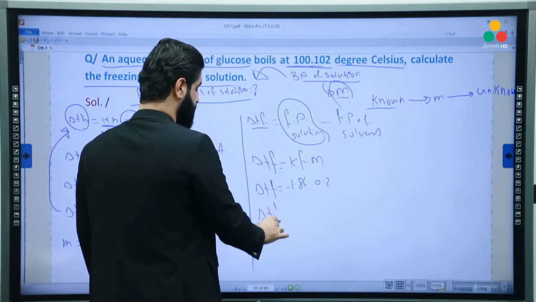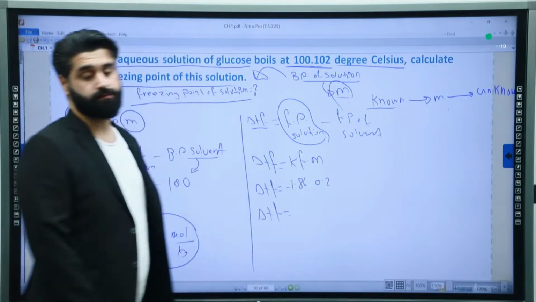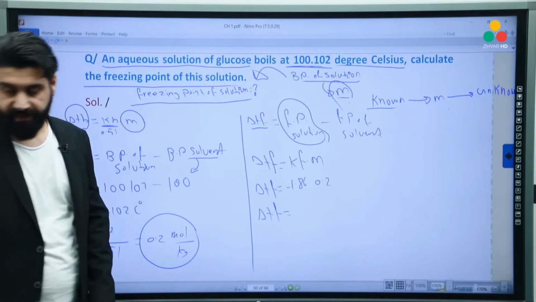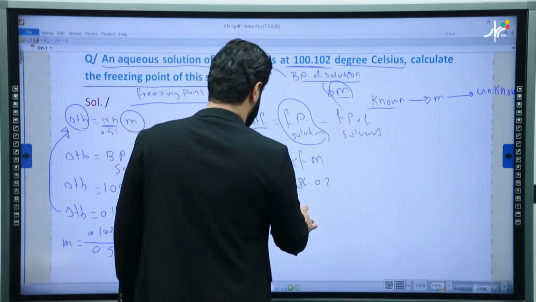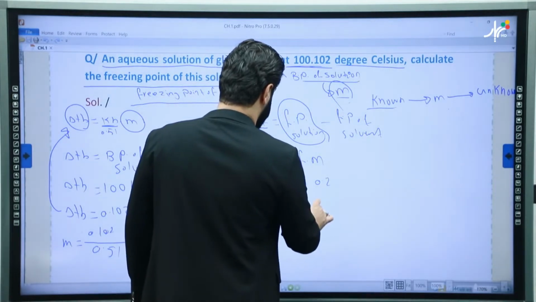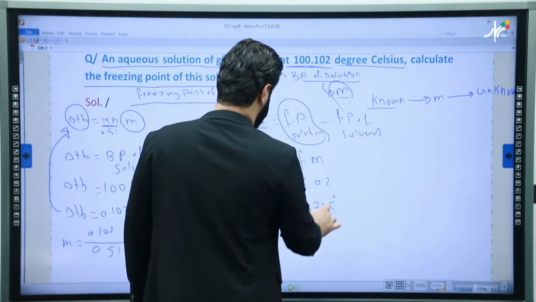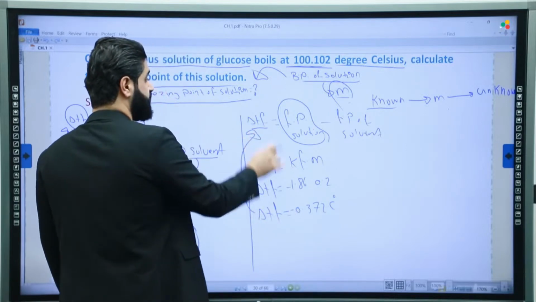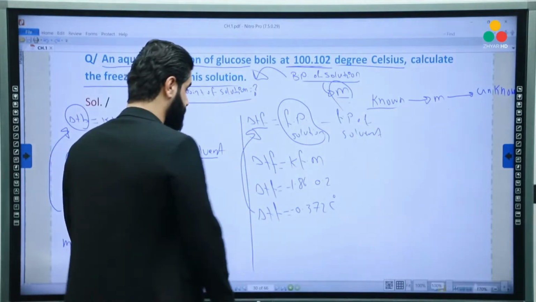So delta TF equals negative 0.372 Celsius degree. And now by substituting delta TF to here, we can get the value of freezing point easily.